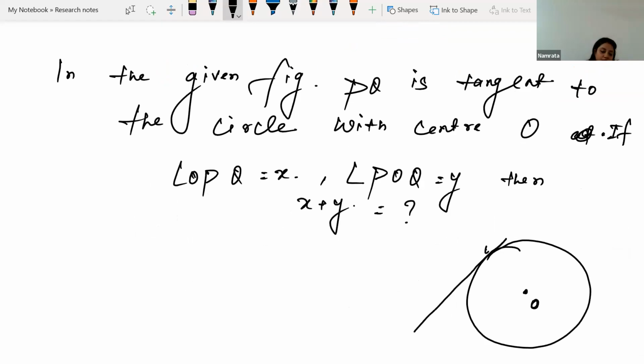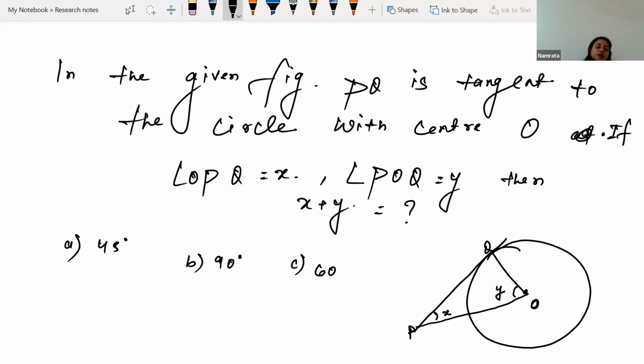This is Q, this is P. This angle is given as X and this angle is given as Y. We have to find the value of X plus Y. Options are A 45 degree, B 90 degree, C 60 degree, and D 180 degree.